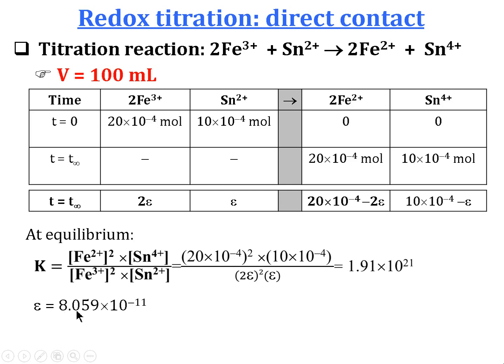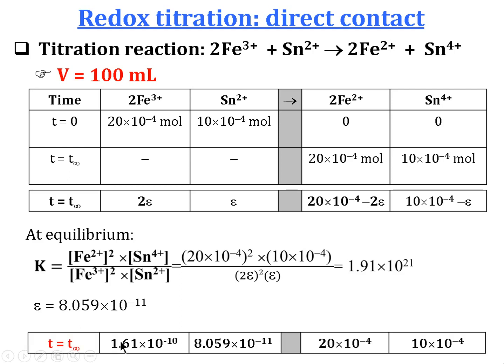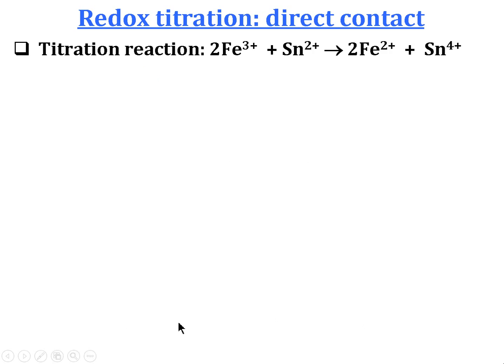Epsilon is equal to 8.059 × 10^-11. So the concentrations at V equivalence are the following, and now we can apply Nernst equation on each couple.